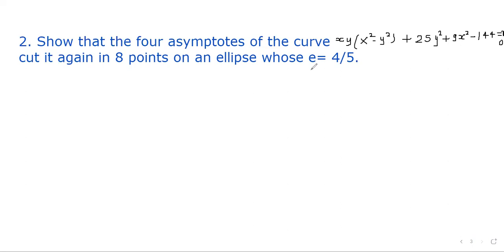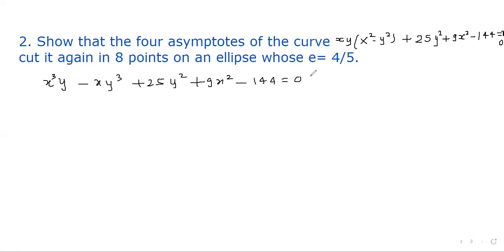So let's write the equation: xy, let's multiply. So x³y − xy³ + 25y² + 9x² − 144 equal to 0.